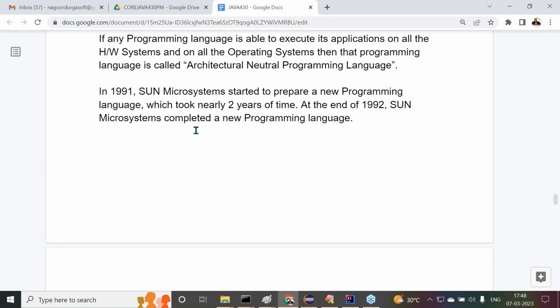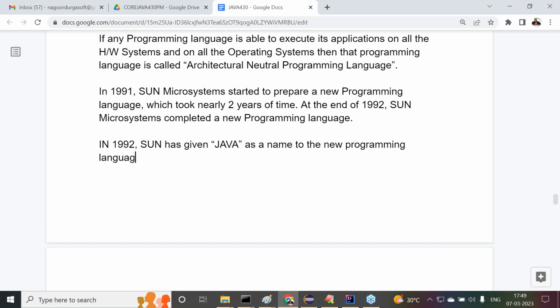A programming language was prepared in 1992. In 1992, Sun gave Java as a name to the new programming language.